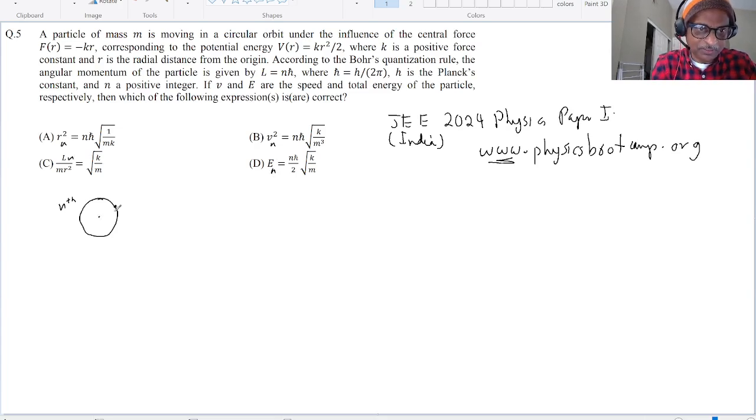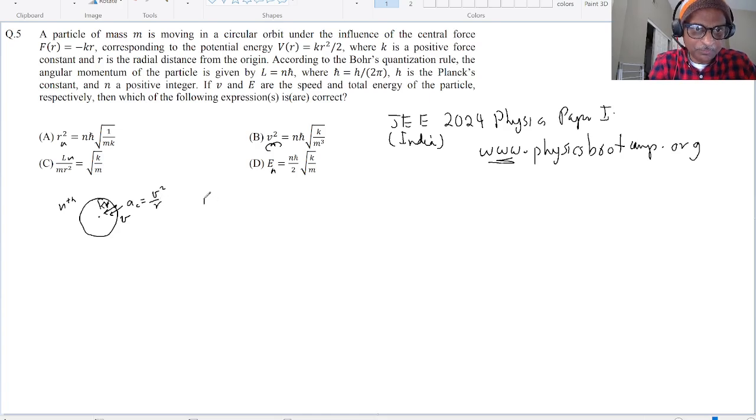So here's the center. The force has magnitude kr, k times r, and of course the acceleration, if it's circular motion with some speed v, will be pointed toward the center, and that will be v square over r.